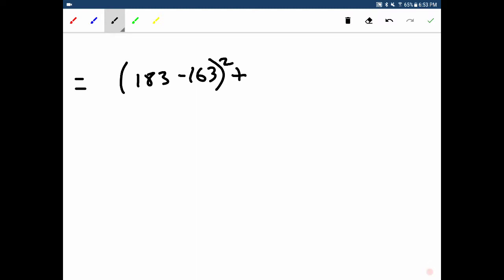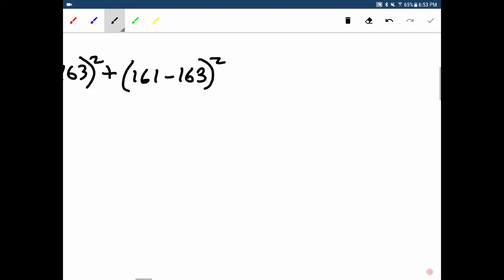The next one I've got is 161. I subtract 163, and then I square it. What's interesting here is that we did talk about how the deviations will be negative if you're below the mean, but when we square it, that gets rid of that, and so we end up dealing in positive numbers, which is good.